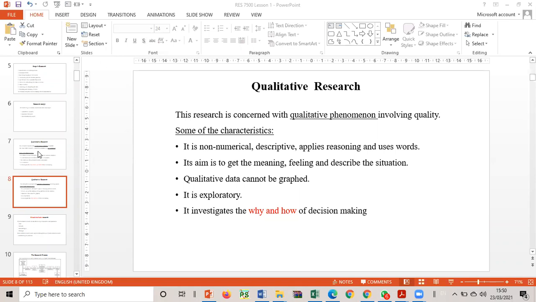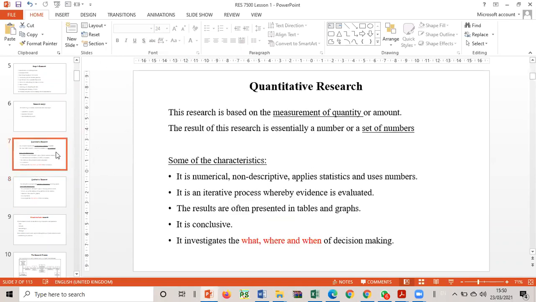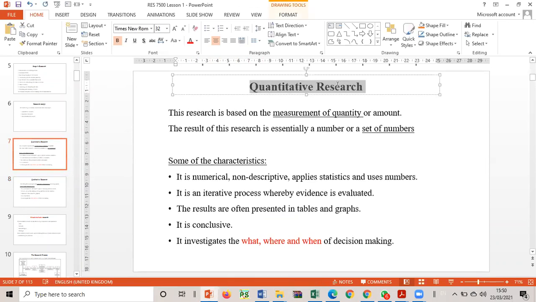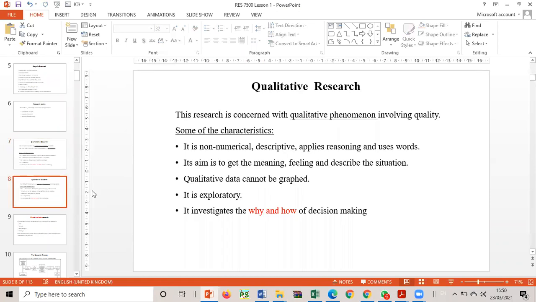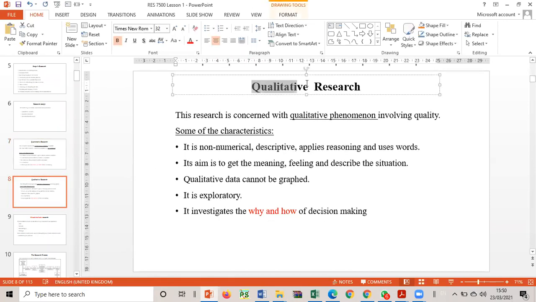So in quantitative research, most of the time we start with a theory. But this quantitative theory didn't fall from the sky. It must have started with something from the basics, qualitative. Like Charles Darwin went to the island and collected evidence from wherever he went.